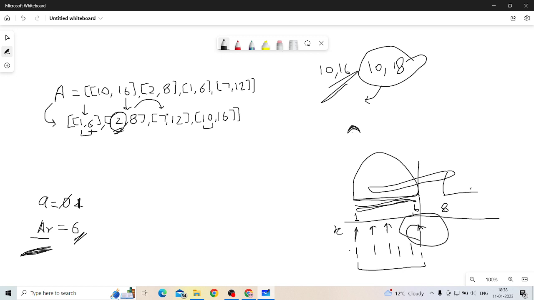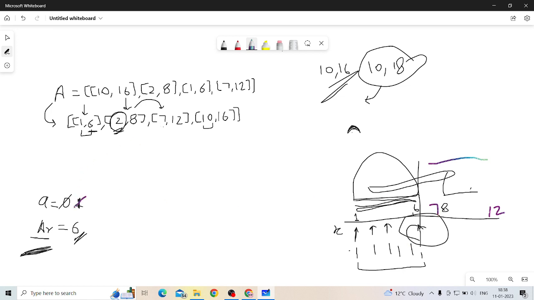Now I am at the third balloon. The third balloon is starting from 7 and ending at 12. Now the starting point of this balloon is greater than this arrow. So we have to take one more arrow.